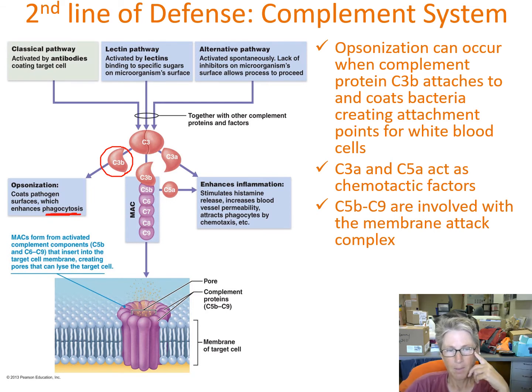And then we see here C3a and C5a act as chemotactic factors, a molecule that shows white blood cells where to go to get to the bacteria. And then C5b through C9 forms the membrane attack complex that we just talked about in the last slide to kill bacteria.